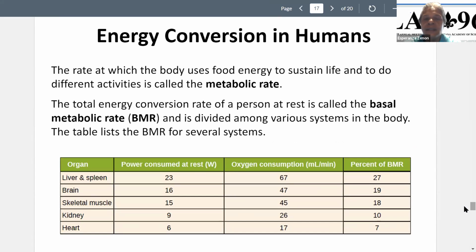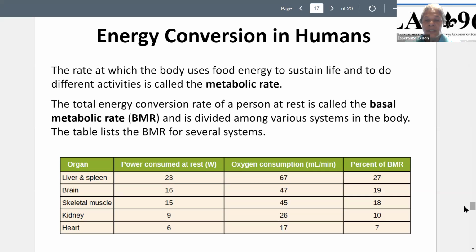And look at this chart, especially for those of you who might be interested in the medical field, or have a need to understand body systems in terms of their energy conversion. Look at the brain. In terms of metabolic rate, BMR, look at the power consumed when at rest.